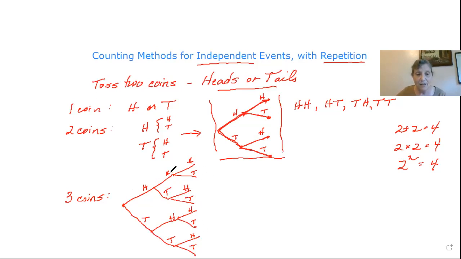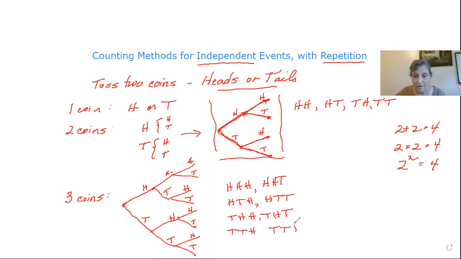Notice now we've got head, head, head, or head, head, tail, or head, tail, head, or head, tail, tail, or tail, head, head, tail, head, tail, or tail, tail, head, and tail, tail, tail. So now we have 8 possibilities.